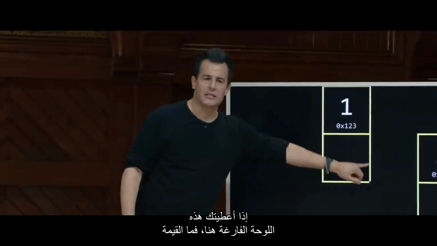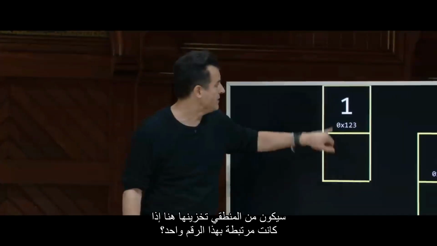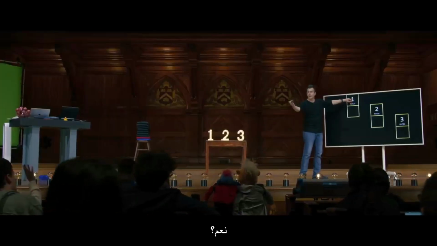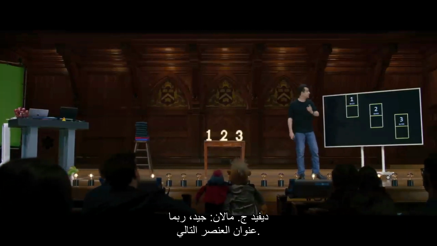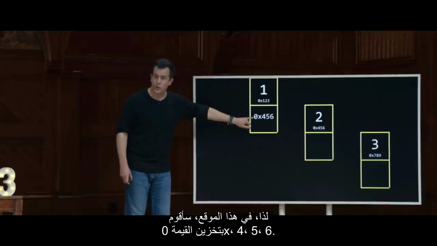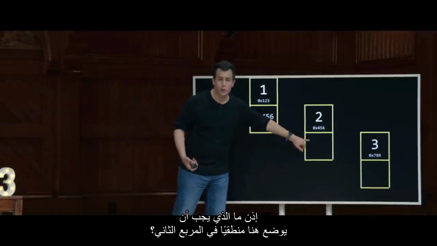If I've given you this blank slate here, what value would make sense to store here if it's associated with this number 1? Good. Maybe the address of the next element. So the next element technically is supposed to be the number 2. So at this location, I'm going to store the value 0x456. What then logically should go here in the second box?